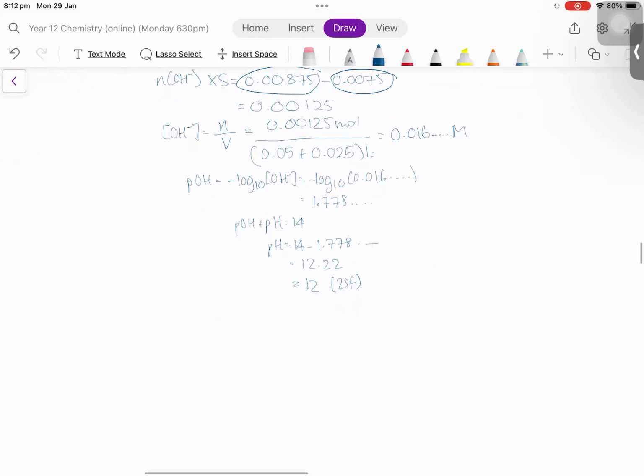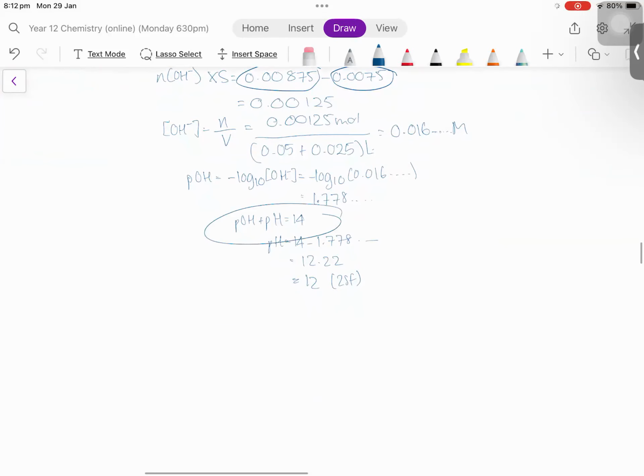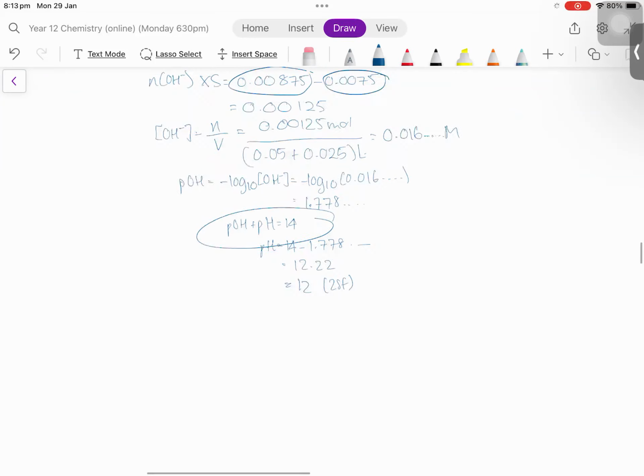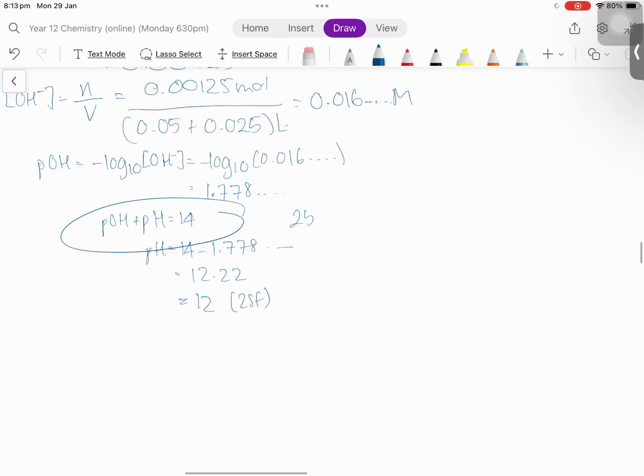Bonus points, guys. What temperature am I doing this mixing at? Hadia. 25 degrees. That's what you're going to say, right? Okay, if it wasn't, you just nod anyway. So pH plus pOH equals 14 is defined at 25 degrees Celsius. Remember, that's one of the things we talked about.